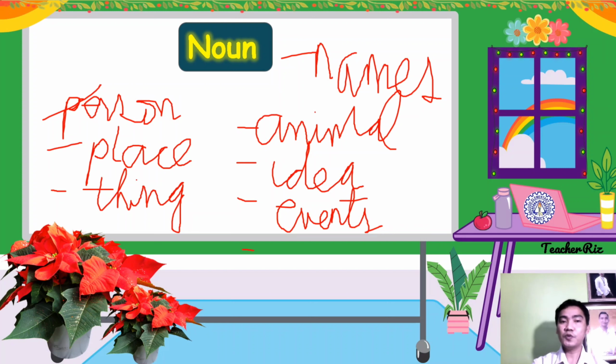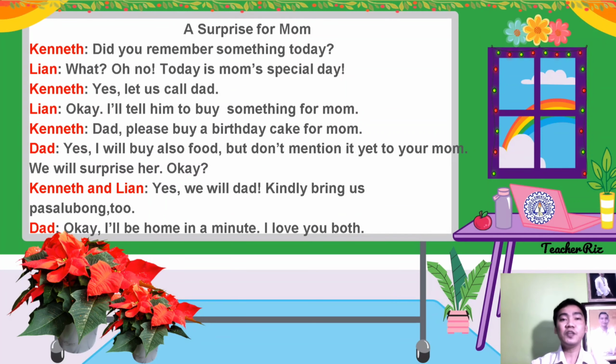It may also name qualities, so a quality of a person. So we have our abstract nouns, right? So these are associated words when it comes to the part of speech noun. It names a person, a place, a thing, animal, idea, events, qualities. I have given you this as an example last time.